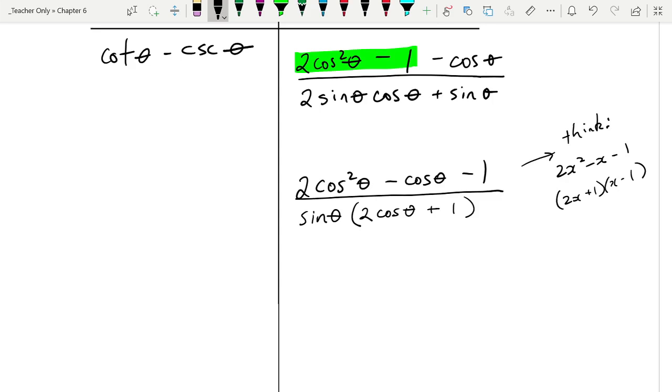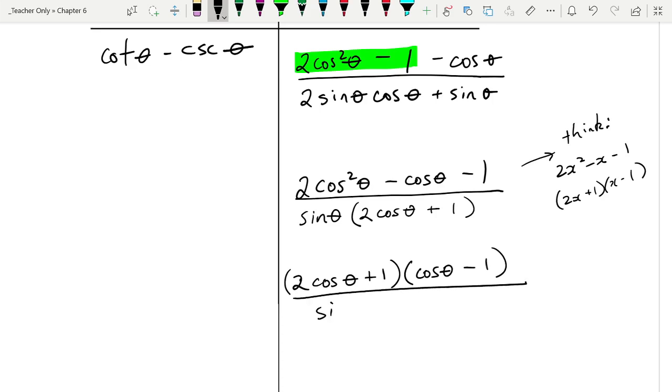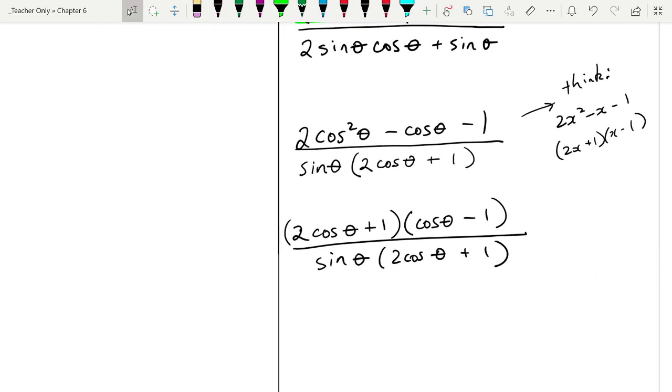So I can factor this numerator into 2 cos theta plus 1 times cos theta minus 1 all over sine theta times 2 cos theta plus 1. And now that everything's in factor form, you can't cancel terms, but you can cancel factors.